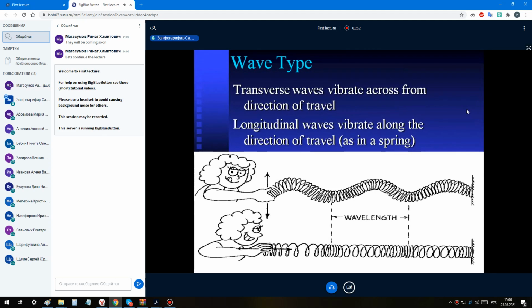In transverse waves, particles vibrate across the direction of travel. But in longitudinal waves, they vibrate along the direction of travel, as in a spring, as shown in this slide.